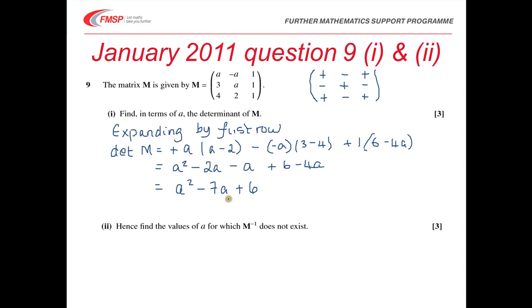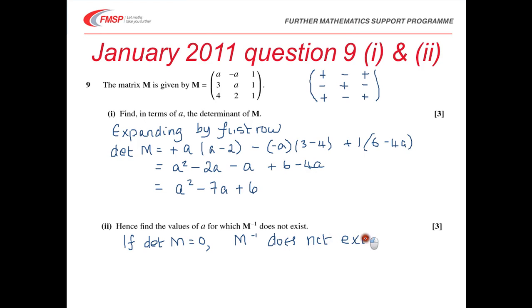And we're then in part 2 asked to find the values of A for which the inverse does not exist. So remember, if the determinant of M is equal to 0, then the inverse of M does not exist. So that's the theory behind it.